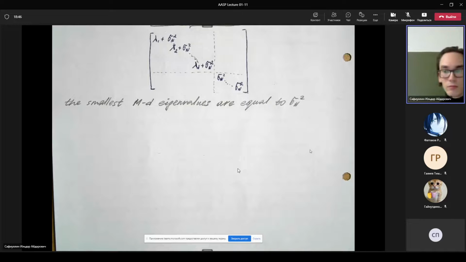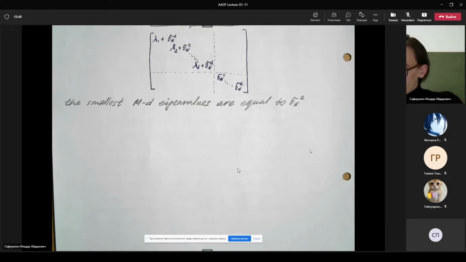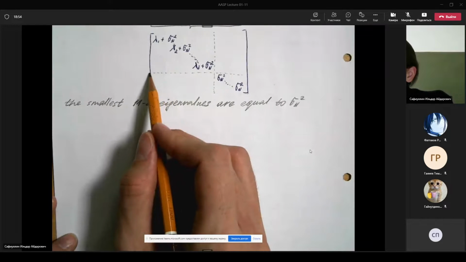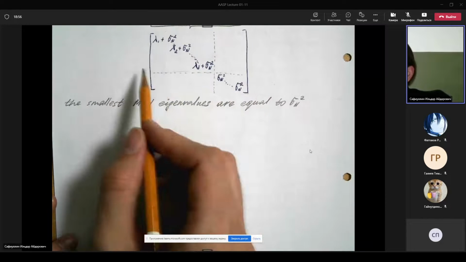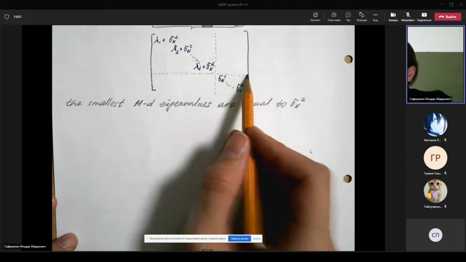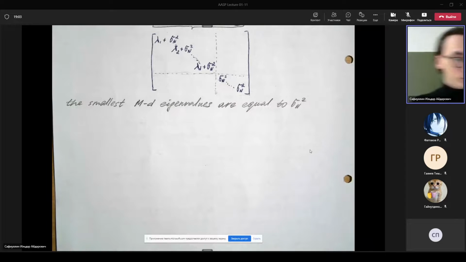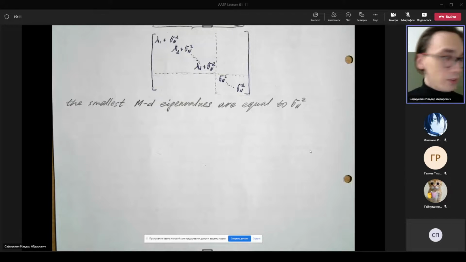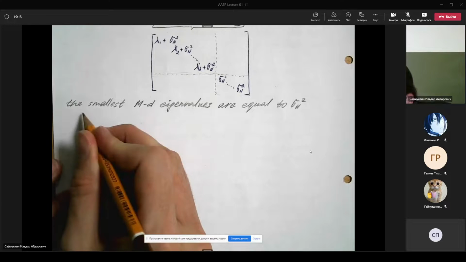Overall, we have m rows and m columns, and here we have for signal d rows and d columns, and here we have m minus d and m minus d. Then we can easily say that we have signal subspace and noise subspace as before.